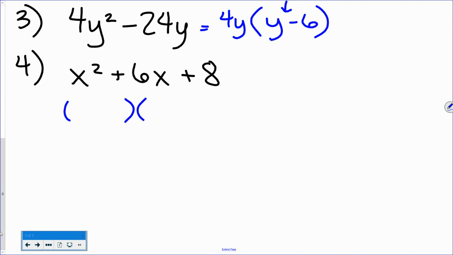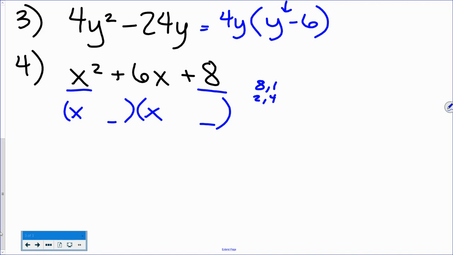So it's going to look like this. All right, if I'm given an x squared, that means I need an x times an x to get that x squared. All right. From here, if I was to distribute what I have out, remember to get that 8, these last two numbers need to be multiplied together to get that 8. So I need to think of some things that multiply to 8, like 8 and 1, 2 and 4.